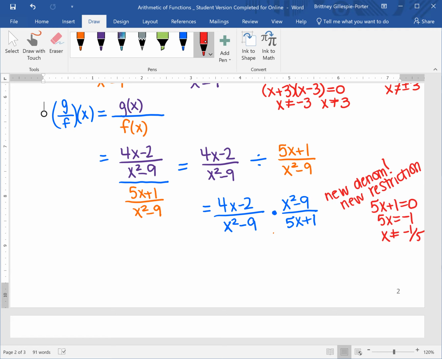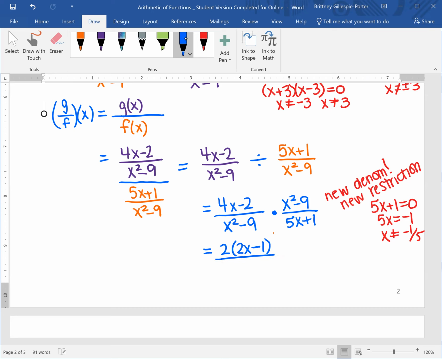Our next step is to factor everything to see if anything can cancel. In our first numerator, there's not an x squared, so we don't need to do bottoms up, but there is a GCF. So I'm going to factor out my 2 and have 2x minus 1 left inside.